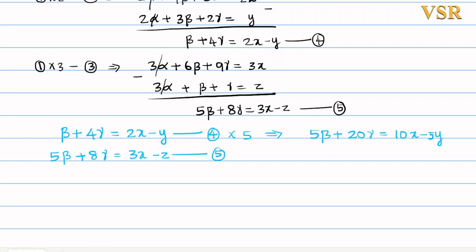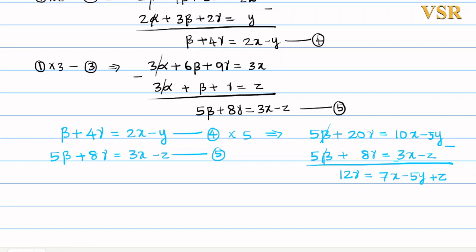What about the fifth equation? Let it be as it is: 5 beta plus 8 gamma equals 3x minus z. We subtract this. The beta terms get cancelled, and we get 12 gamma equals 7x minus 5y plus z.